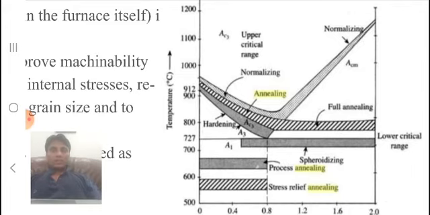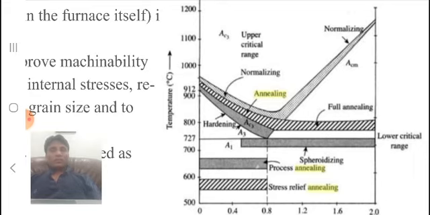Because of the cementite network across the grain boundaries, the metal becomes very brittle, and the hardness is increased, brittleness is also increased, strength is also increased, but ductility and toughness are very much reduced.